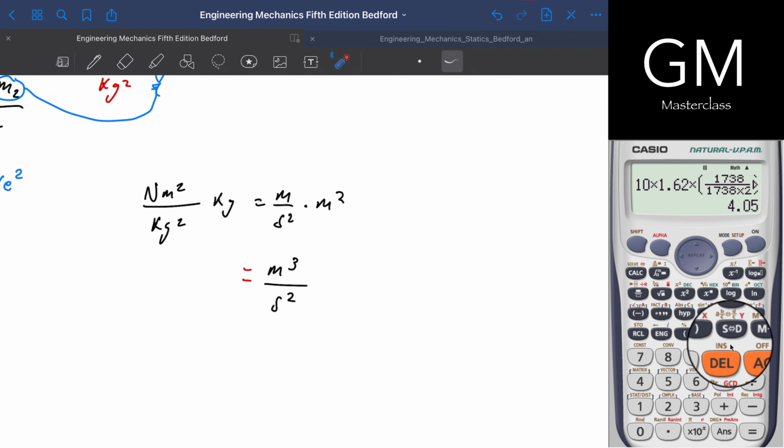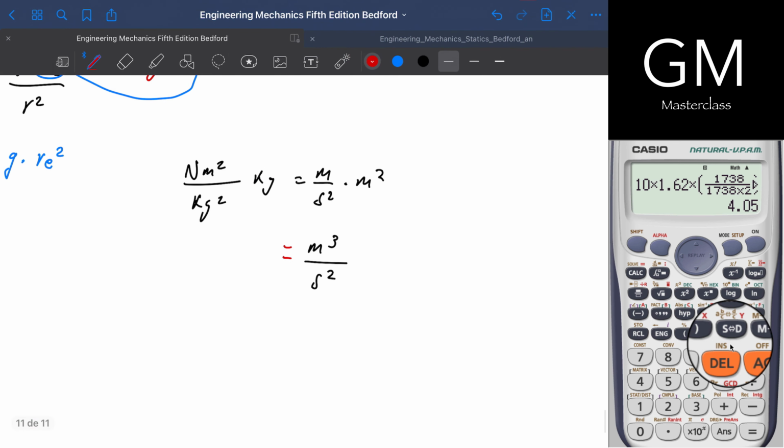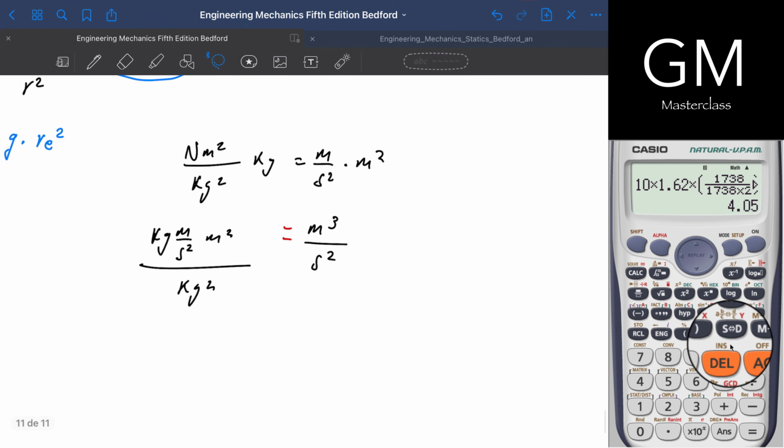If I cancel these kilograms with these two, and okay, let me put it in a more understandable way. A Newton is equal to a mass multiplied by an acceleration, because a Newton is a force. So a mass is a kilogram and the acceleration is equal to meters per square second. So I'll just rewrite the same units.